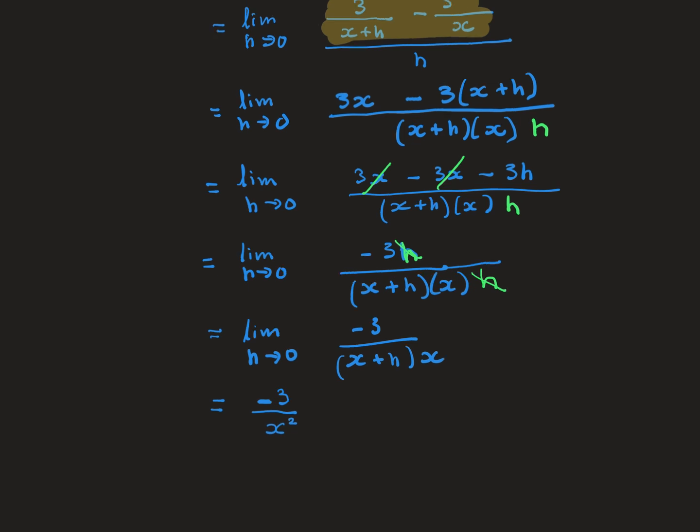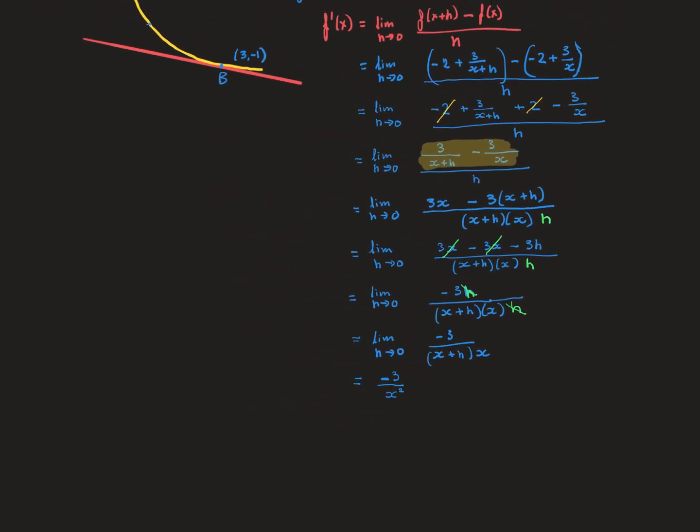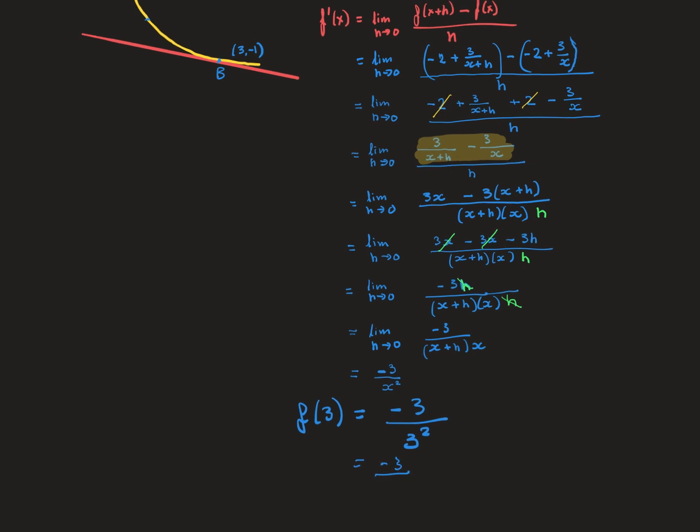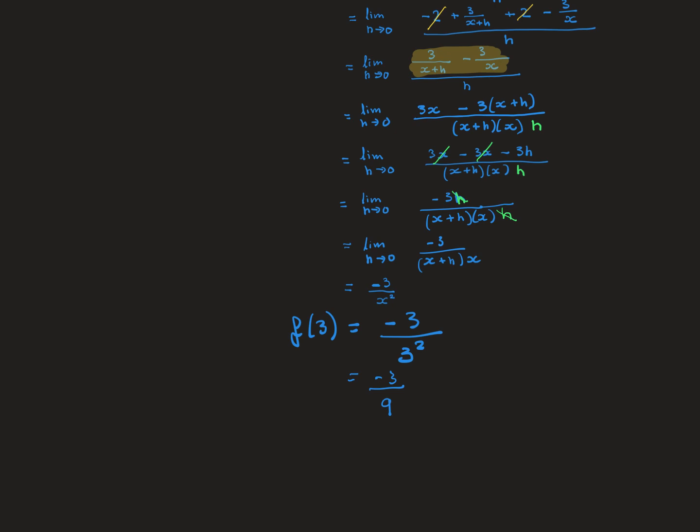Now, if we want to have a look at what the tangent or the slope is as it approaches 3 at B there, then we will need to write down f dash of 3 and insert that in there, so we get minus 3 over 3 squared, which is minus 3 over 9, which is equal to minus a third.